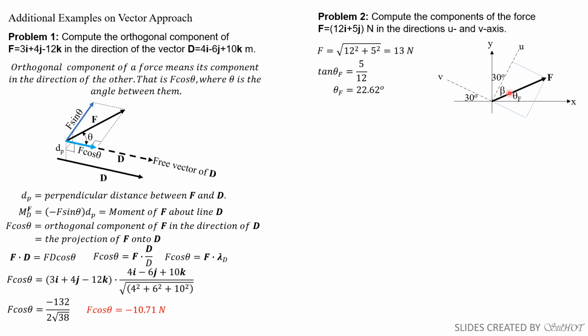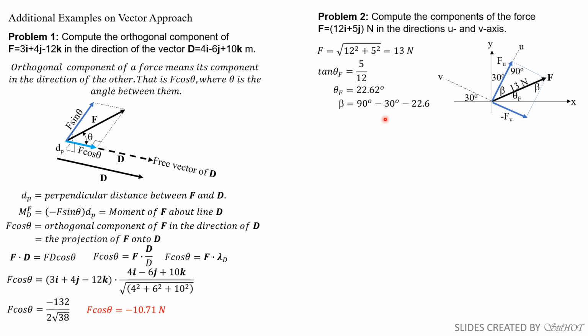So we form a right triangle beta, and the component of F in the direction of U is F cosine of beta, where beta is 90 degrees minus theta F minus 30 degrees. Likewise, FV is negative, while FU is positive because it is in the direction of U axis.